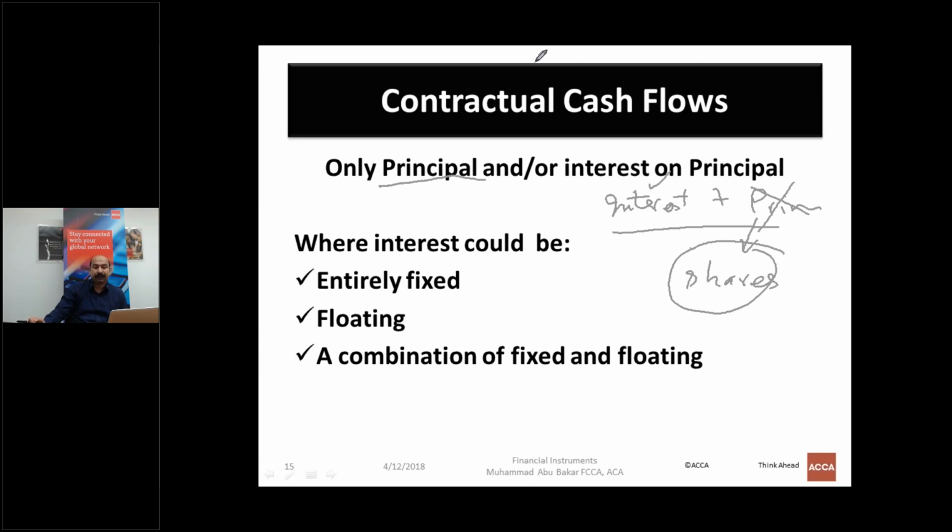By interest, IFRS 9 means consideration for the time value of money and the credit risk associated with the principal outstanding during a particular period of time. Because of the inclusion of the conversion option, which is not deemed to represent payments of principal and interest. So that's why 30% people are correct. Okay, this was a wake-up call.